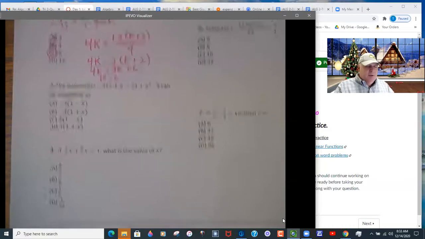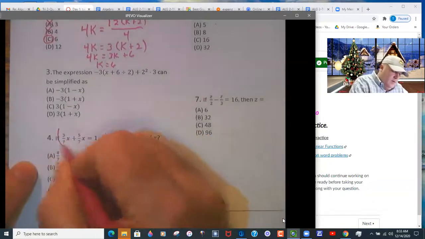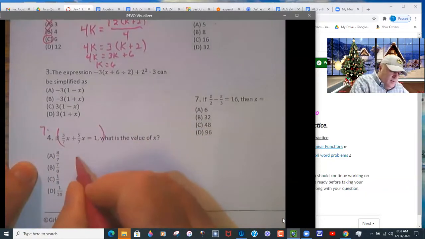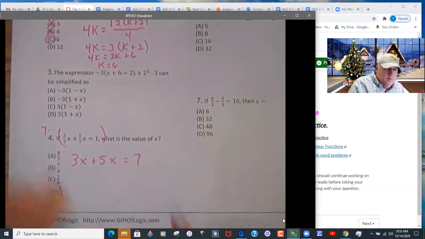Another good example is problem 4. Multiply through left to right by 7, and I'm going to do that really quick, plus 5x equals 7.